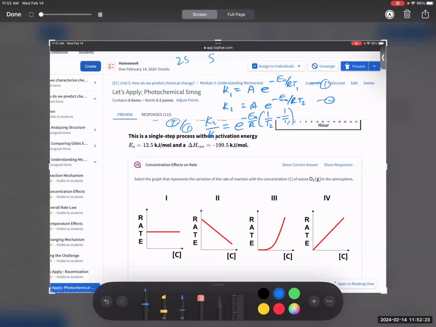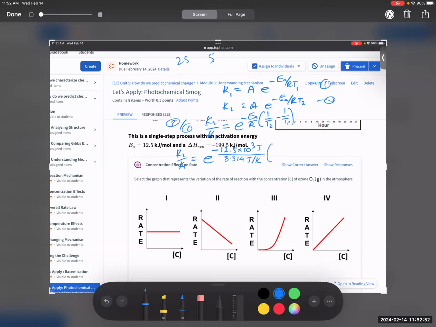So again, let's do the same thing. We are just repeating ourselves, but that's okay. K2 over K1 must be e to the power of minus 12.5 times 10 to the power of 3 joules, the activation energy, divided by the gas constant, 8.314 joules per mole Kelvin.